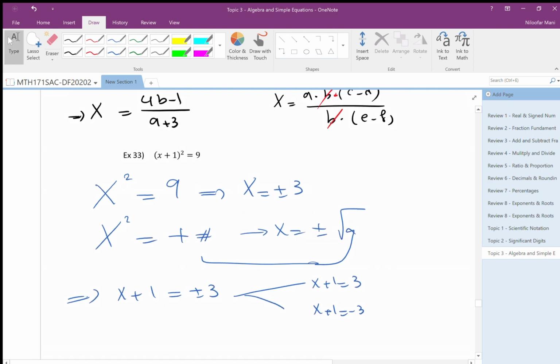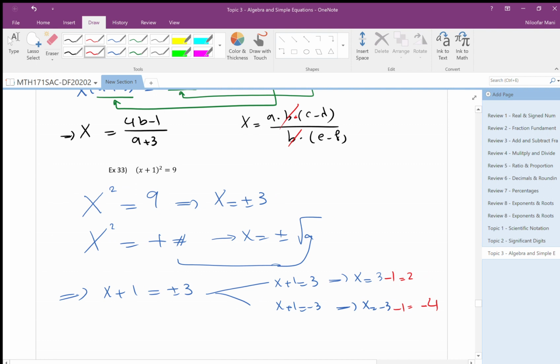What is the answer? Here x is 3 minus 1, so I move it and change the sign. Here x is minus 3 minus 1. So here is 2, here is minus 4.